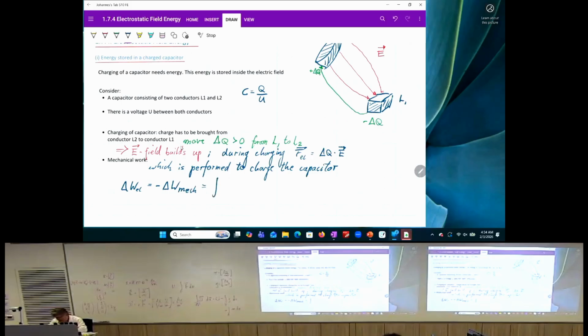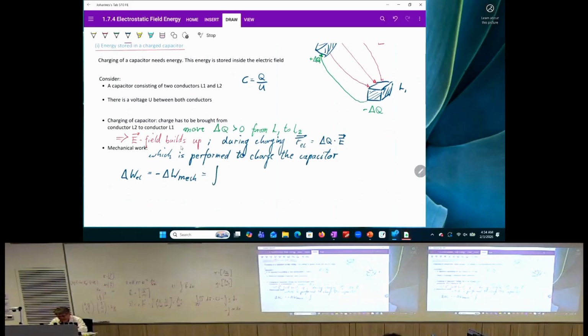This delta in the electric energy is obtained by integrating, on a path from one conductor to the other, the charge times the electric field over the path. So charge times electric field, that's the force. You integrate the force over a path. That is the energy that is needed.